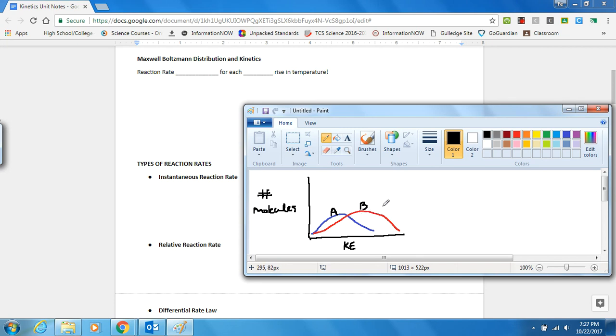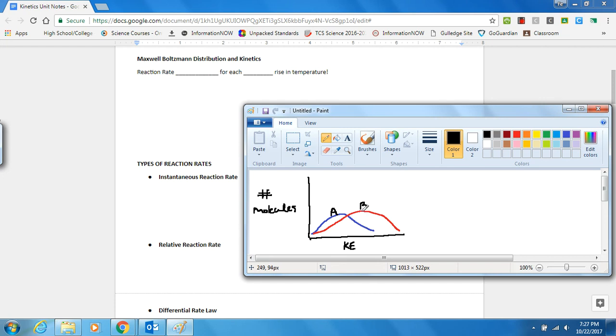Now we had this in thermochem, so just a quick review, we have number of molecules on the left-hand side on our y-axis. On our x-axis, we have kinetic energy. If A and B were both the same molecules, then we would compare their kinetic energies.